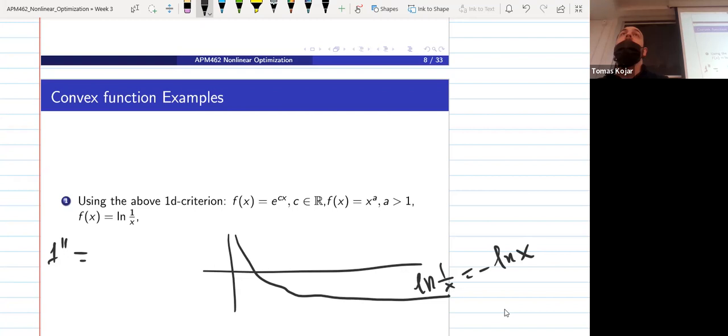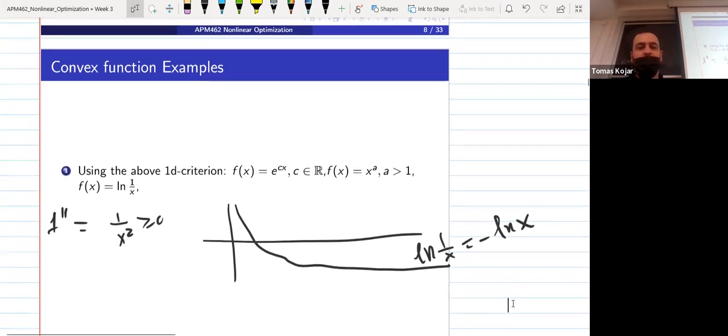Yeah, so you do it twice and you get 1 over x squared. So you need the minus because you pick up a minus from the 1 over x. Good. So log of x is not convex. Log 1 over x is. That's a tricky concept.